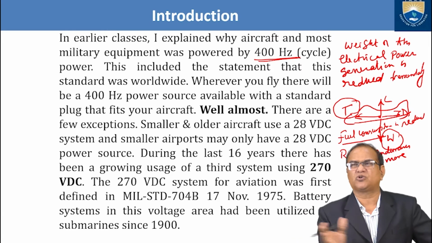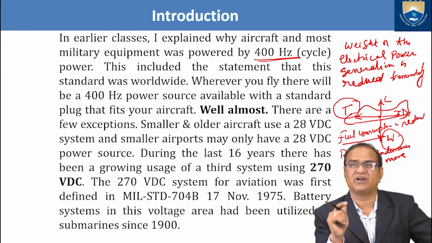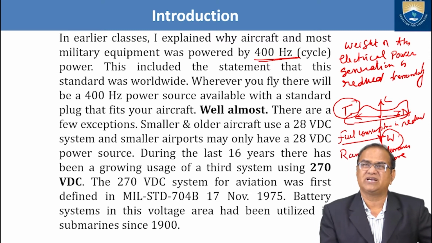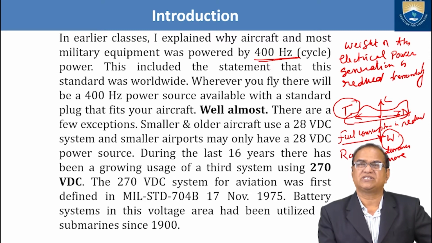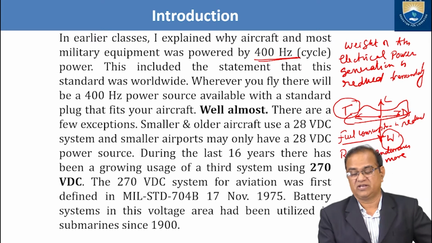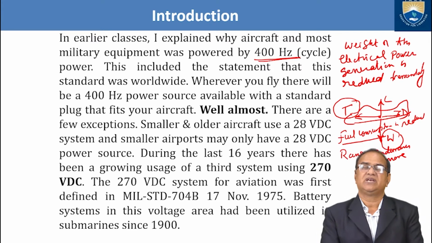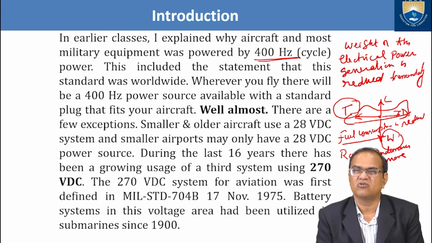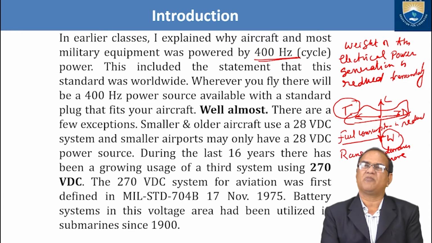By using 400 Hertz, a huge amount of weight can be reduced. This standard was worldwide, so 400 Hertz is used all over the world, and every aircraft equipment operates under 400 Hertz.